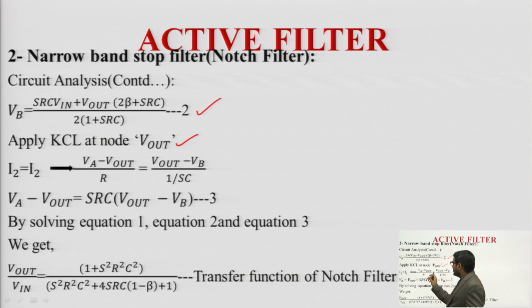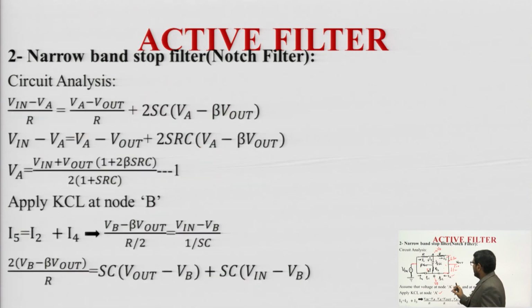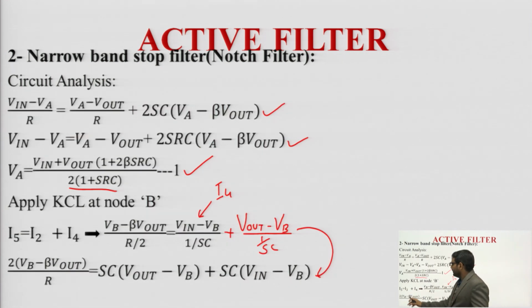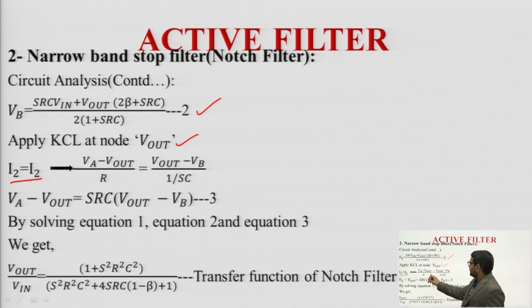Next, we apply the KCL at the node V out. For node V out, there is one incoming current I2, and a similar current will go outside. Then we can say that I2 equal to I2, and for the first I2 it is V A minus V out divided by R, and for the second part of I2 it is V out minus V B divided by 1 upon SC.